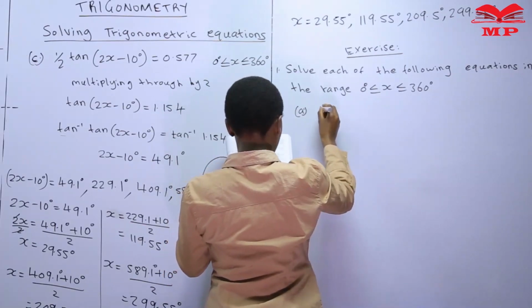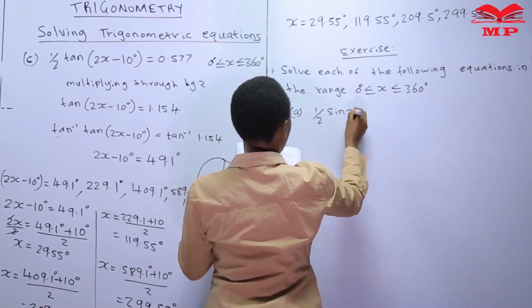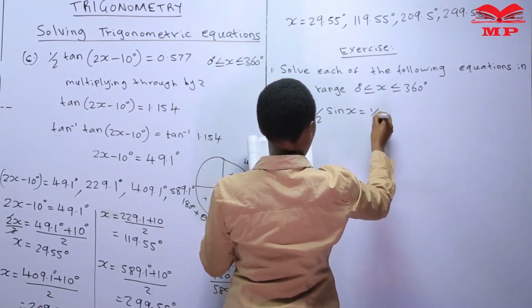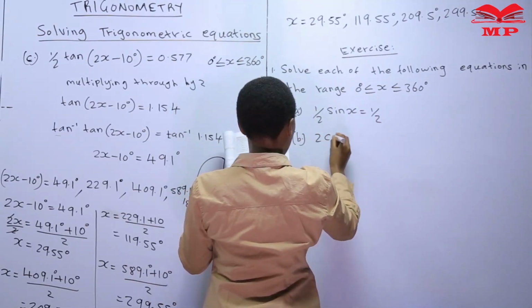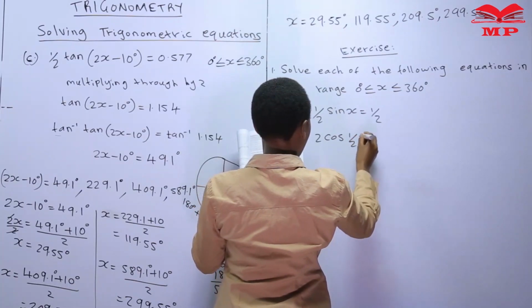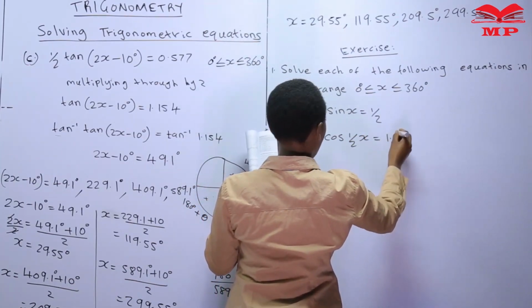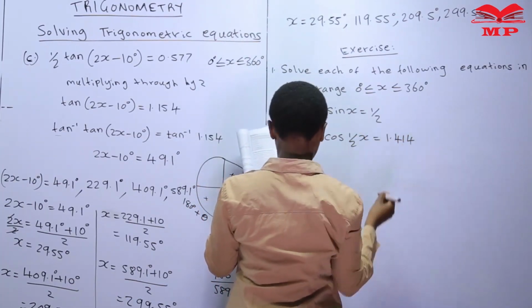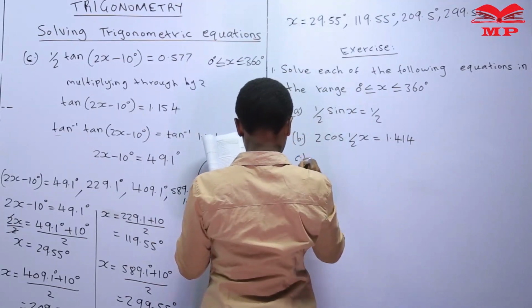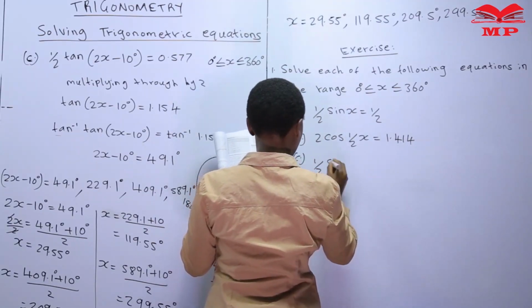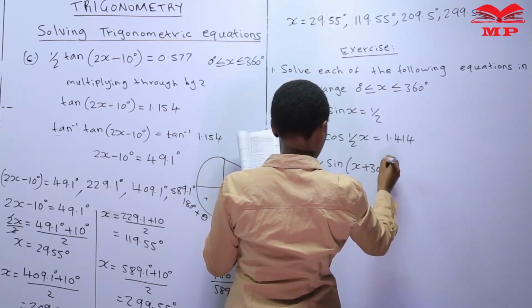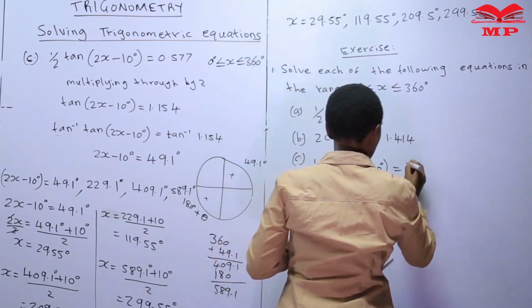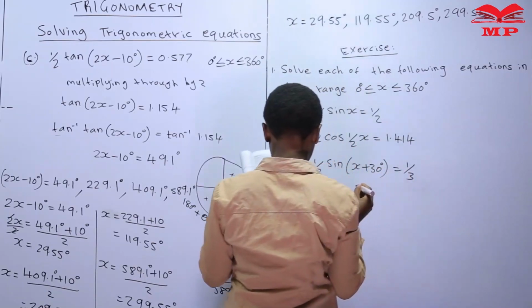For the first part, we have a half sine x is equal to a half. B, we have 2 cos a half x is equal to 1.414. Then we have C, a third sine x plus 30 degrees is equal to 1 over 3.